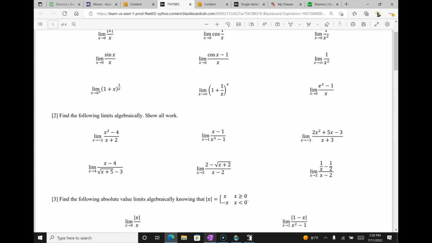And number 2 is all algebraic. Make sure you do all of them. If you prefer things printed out, you can always grab something here and print it right there and take it home. Okay?